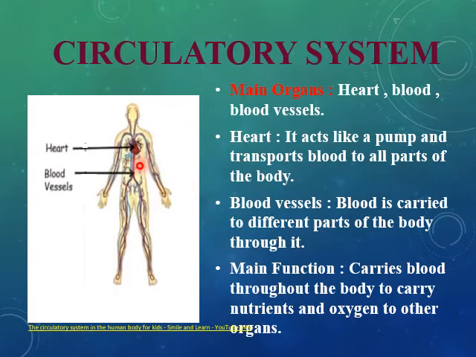The blue blood vessels indicate that deoxygenated blood is carried in them, and the red ones indicate that oxygenated blood is carried in them. Understood all of you?